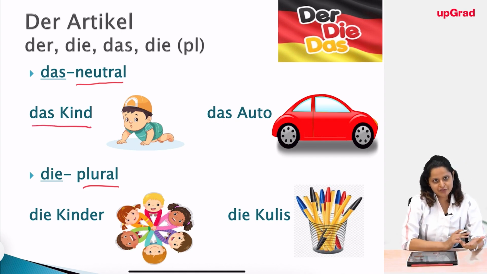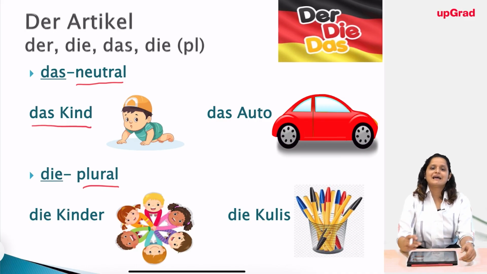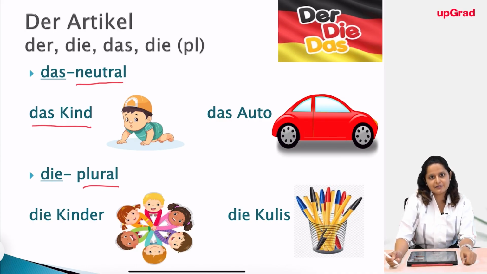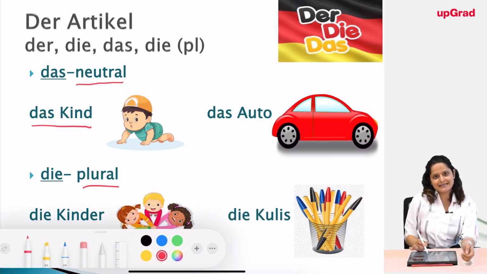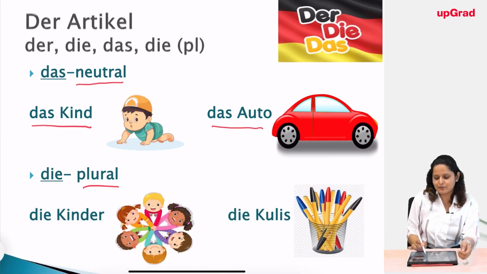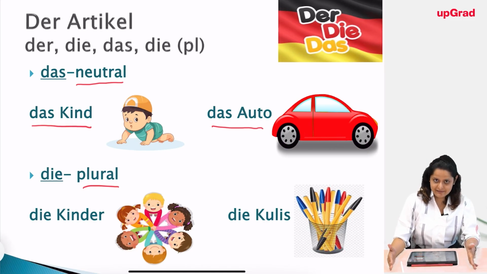When we talk of a child, regardless of the gender of the child, when the child is referred to as a child, the article becomes das Kind. Similarly, we have one more example here, das Auto, which means a car. Both of these nouns are neutral.